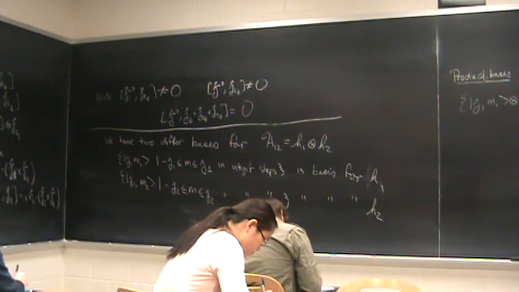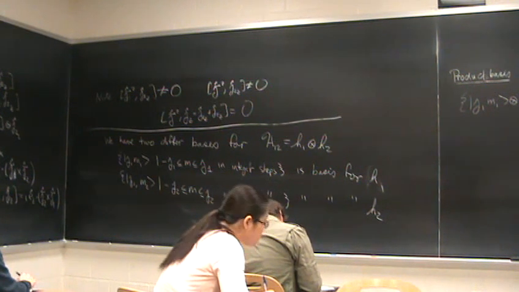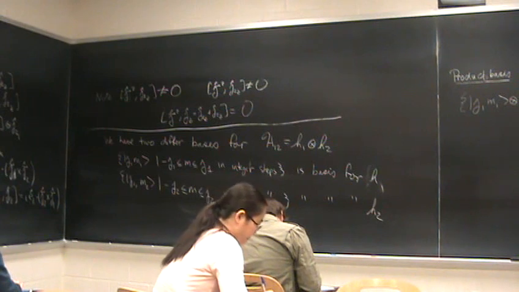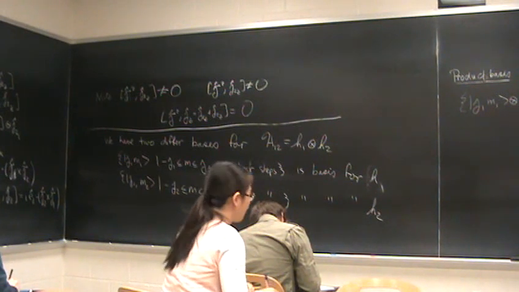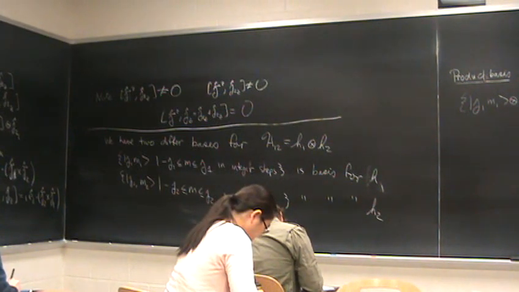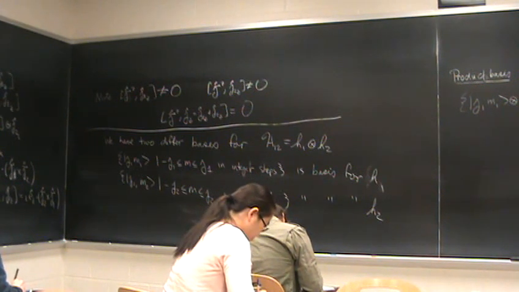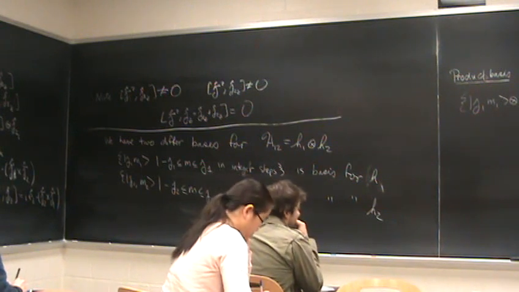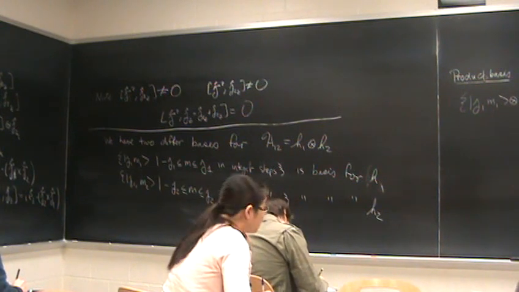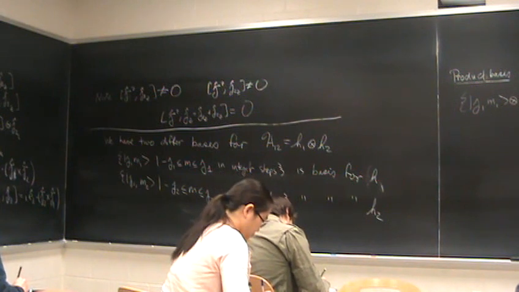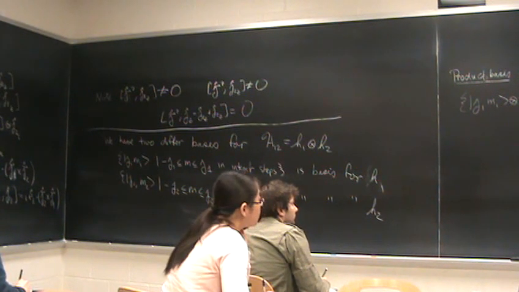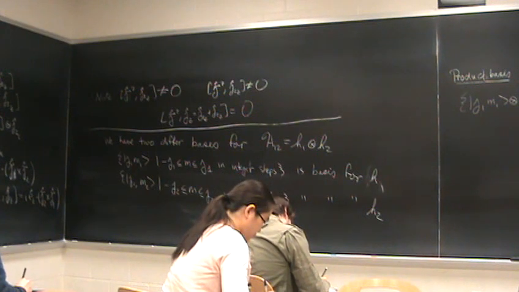We won't put in the tensor product. We'll just say there's J1, M1, and then semicolon J2, M2, where M1 goes between those, and M2 goes between those.